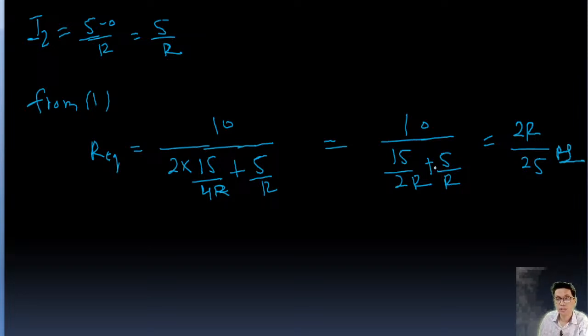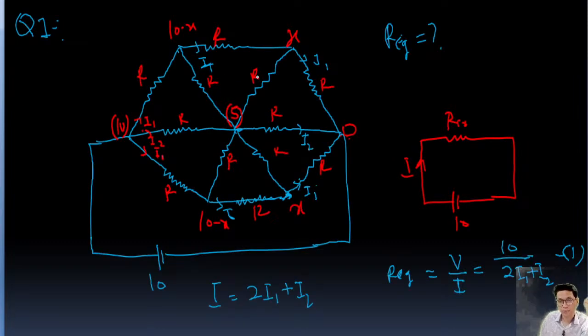So this is the question, and this is the answer. This figure is given, and we have to find the equivalent resistance. We connected this circuit with a 10-volt battery.